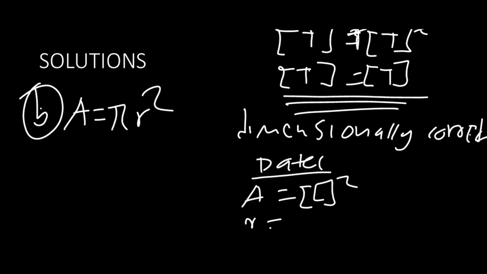Then r is a distance in meters, so it has to be L. Then we can substitute, considering pi as a constant. Dimensional analysis has a limitation when it comes to constants, so it does not recognize them. So we eliminate the constant.